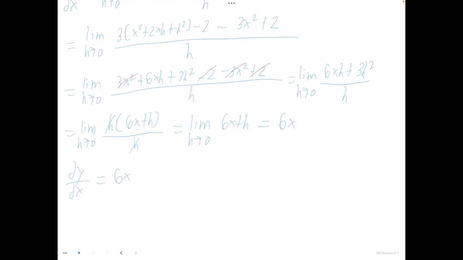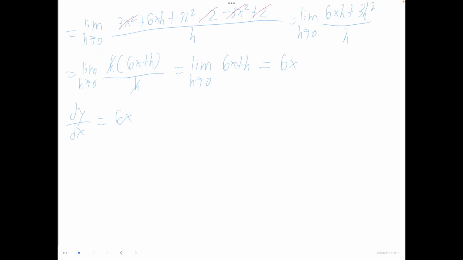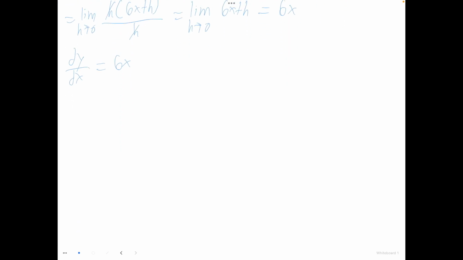But what we wanted was the second derivative. This is the first derivative, so to get the second derivative, we're going to do this process again. The second derivative is going to be the limit as h goes to 0 of 6 times x plus h minus 6x, all divided by h.